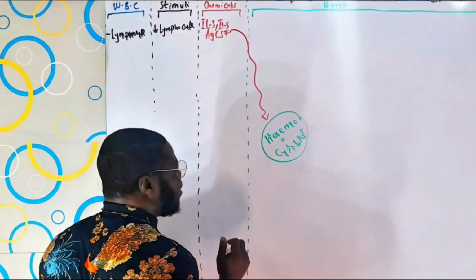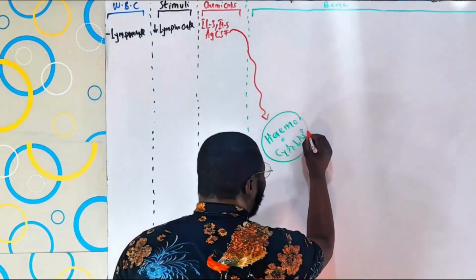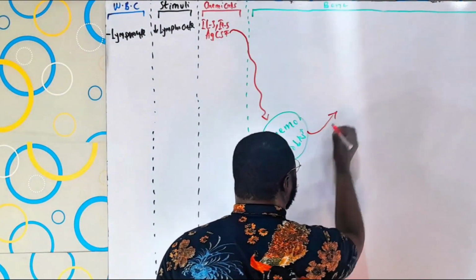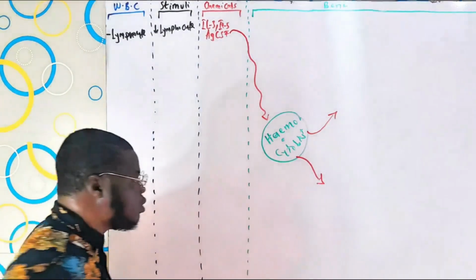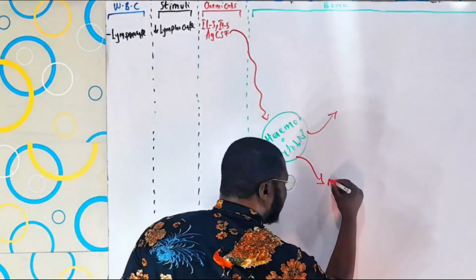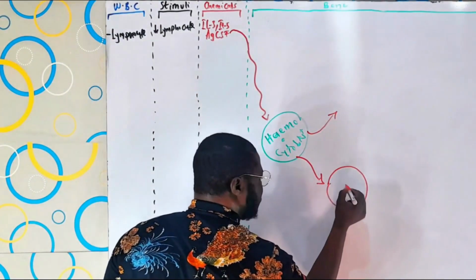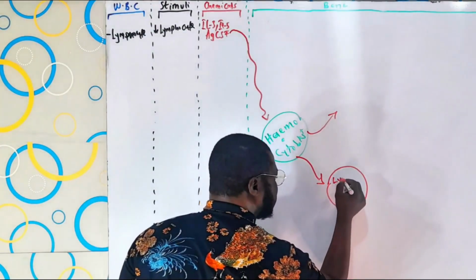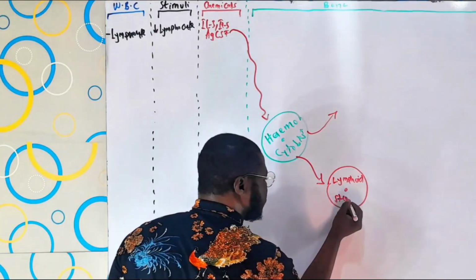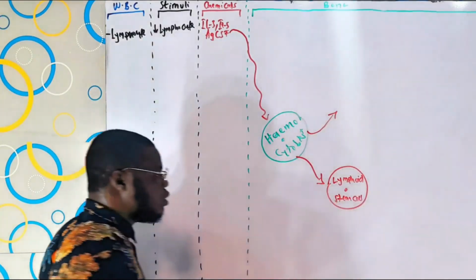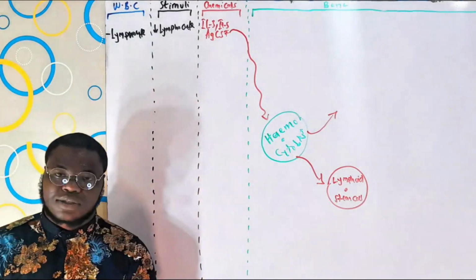And when they act on the hemocytoblast, it will divide into a certain cell, and that cell is called the lymphoid stem cell. The lymphoid what? Lymphoid stem cell. And what will happen next?